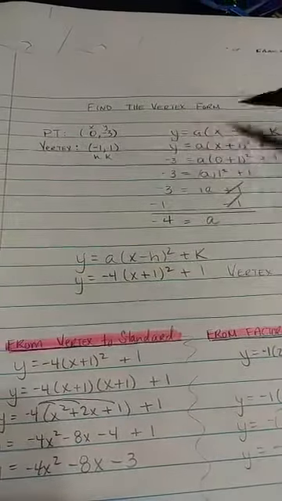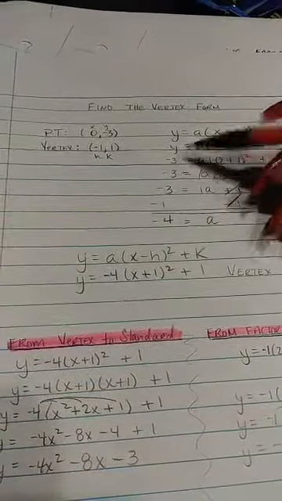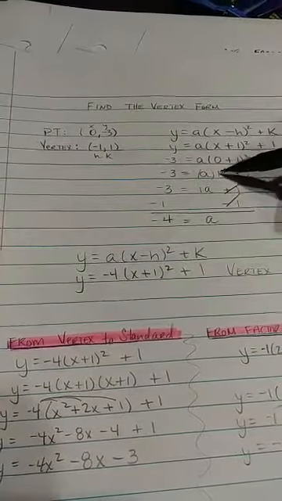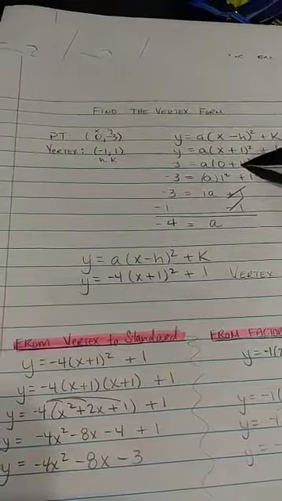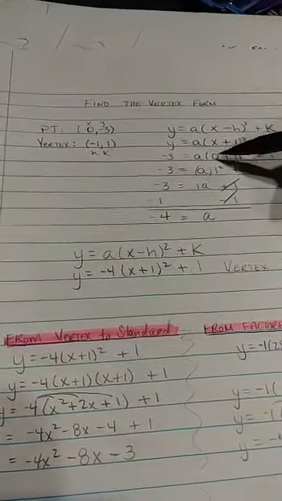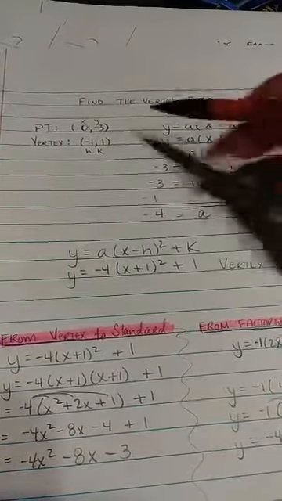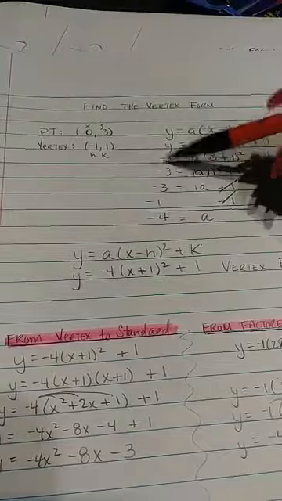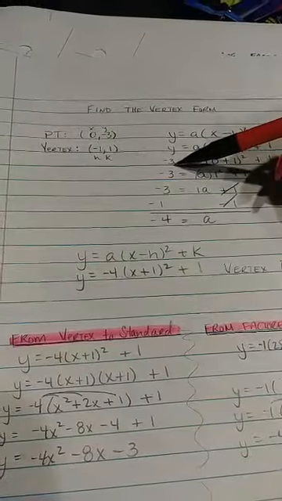So plug in 0, negative 3. Plug in 0 and then negative 3. 1 squared, because 0 plus 1 is 1. 1 squared gives me what? Just 1. One more time. 0 goes here because of the x value. Negative 3 goes here because of the y value.